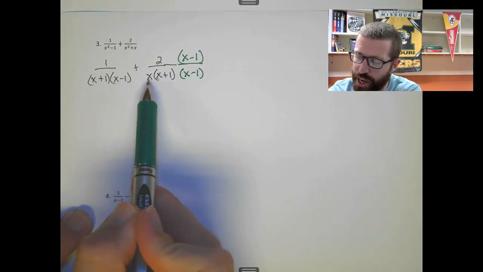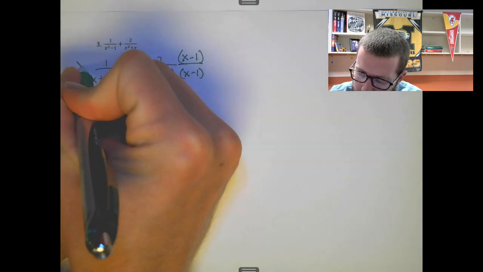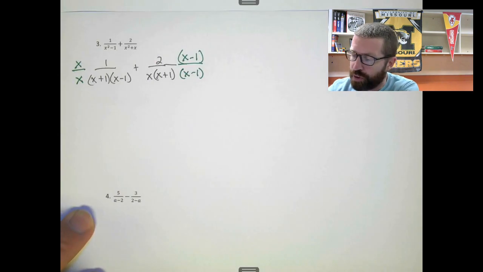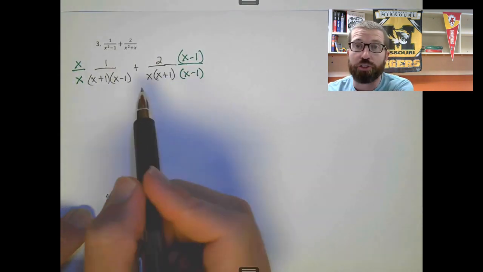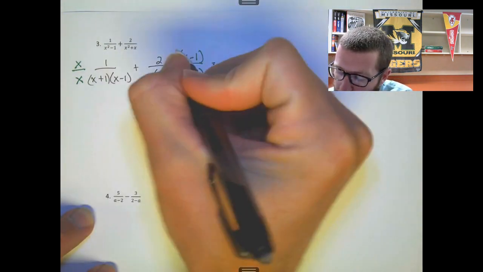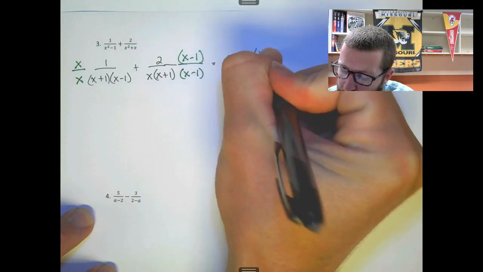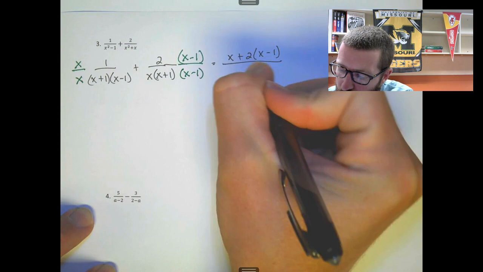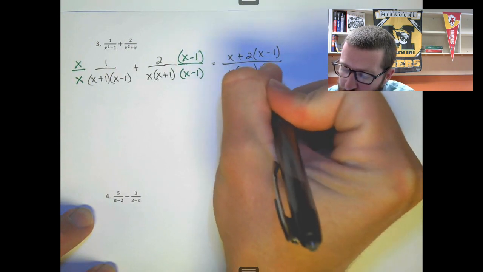Okay, and then here I have an x, but there's no x here. So let's put an x over here. And then now the bottoms look the same. On top, distribute, and on bottoms, just keep it the same. So it's x plus 2 times x minus 1 all over x times x plus 1 times x minus 1.